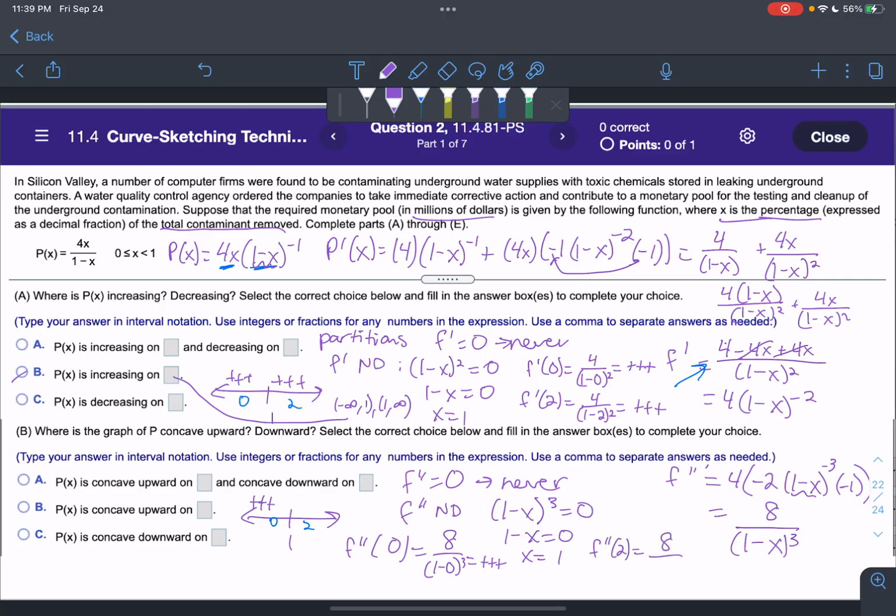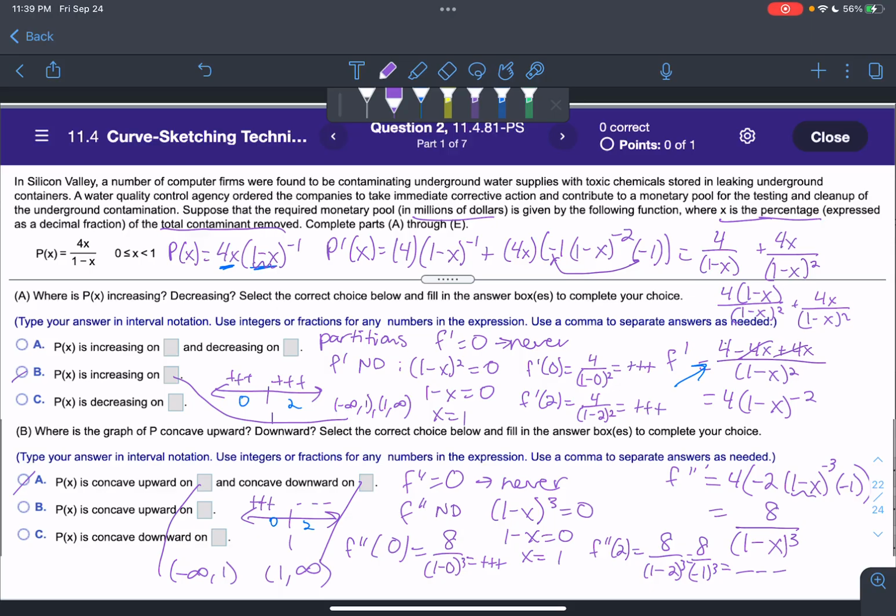That's going to be 8 over 1 minus 2 cubed, so 8 over minus 1 cubed, which is a positive divided by a negative, which gives me negative. So we have the first case where we are concave upwards from negative infinity to 1, and then concave downwards from 1 to positive infinity.